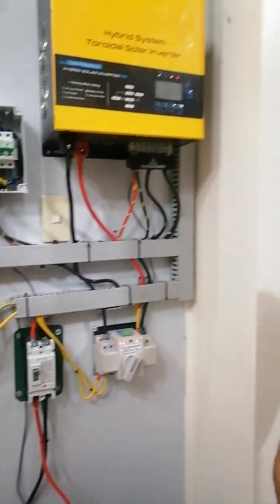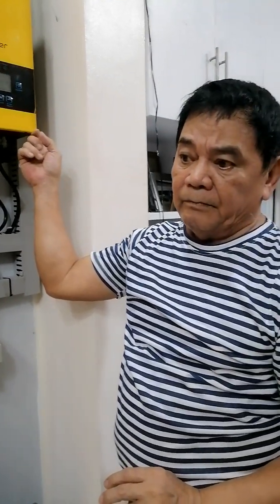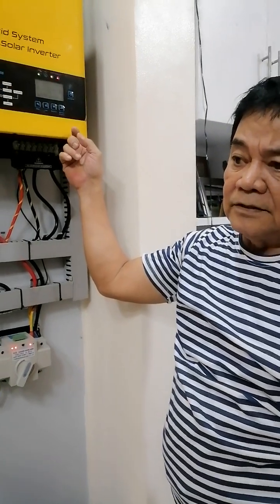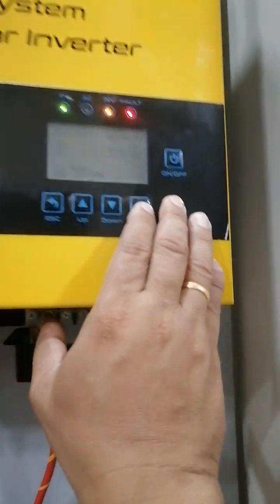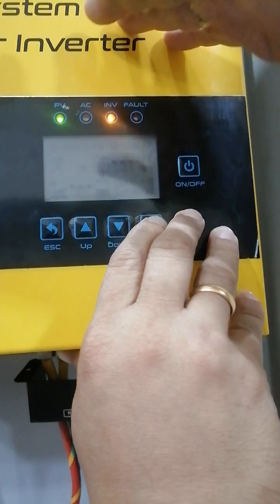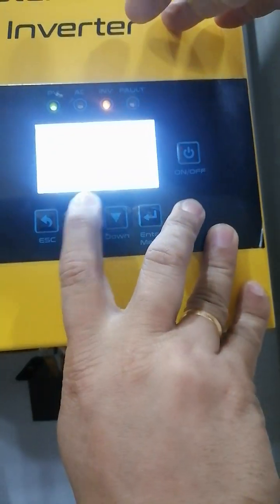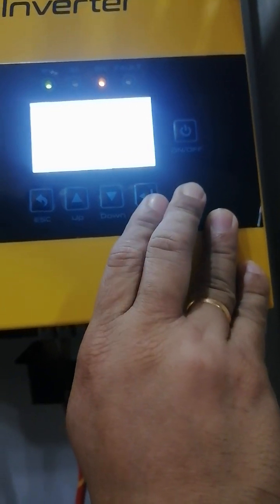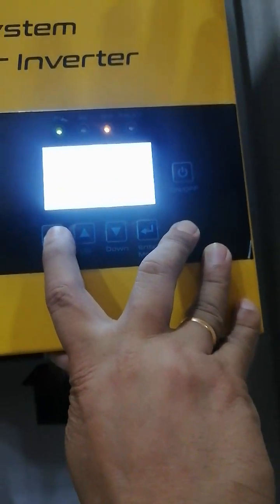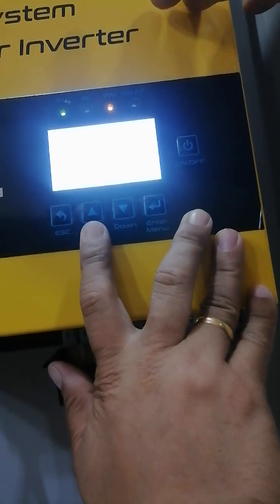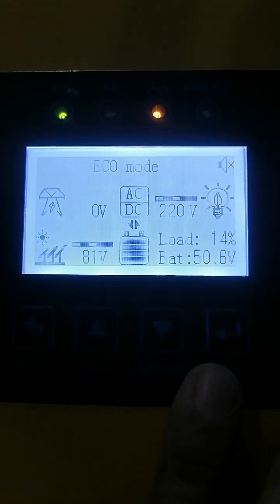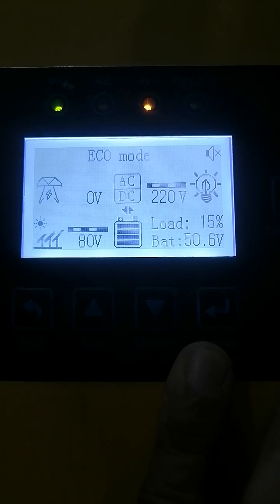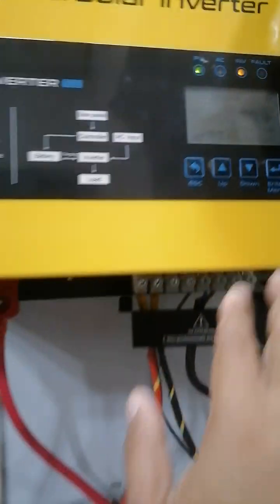So that's it for the presentation, and we would like to make the option of the system will be on eco mode, removing from the battery priority. We put it to eco. That's it. That is in eco mode because there is no option yet of AC priority because we cannot detect the AC input from the inverter.